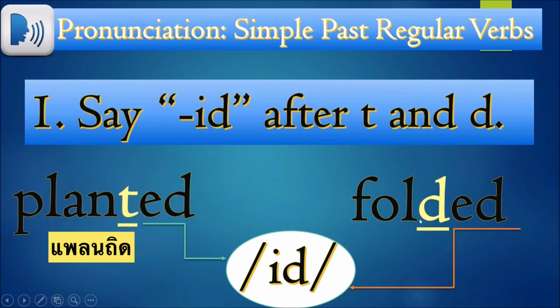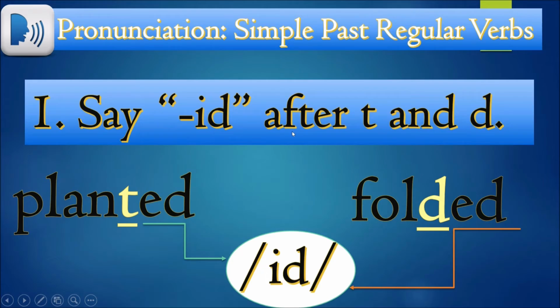Next, for the word fold, fold. The word fold ends with letter D. So, the ed sounds id. So, you will say folded, folded. Okay? Do you understand? So, one more time.